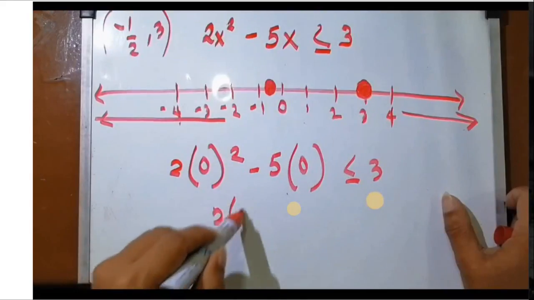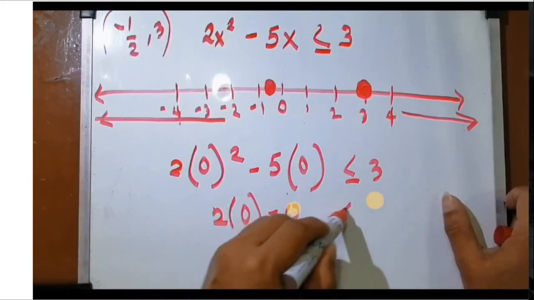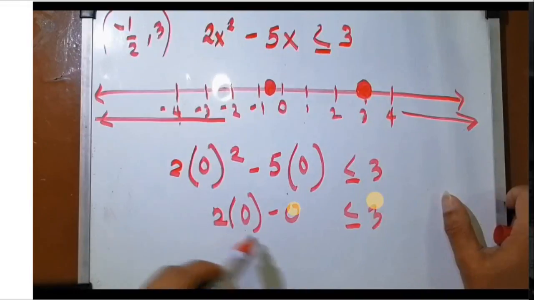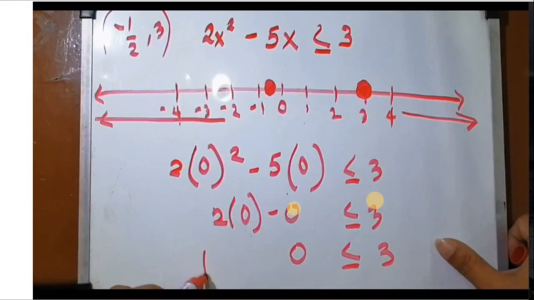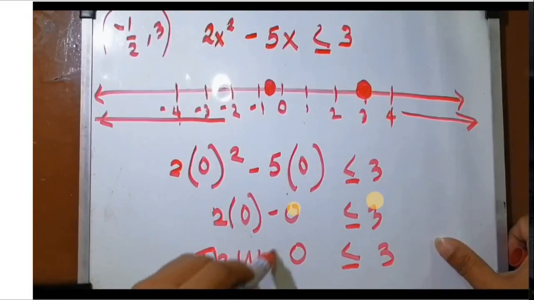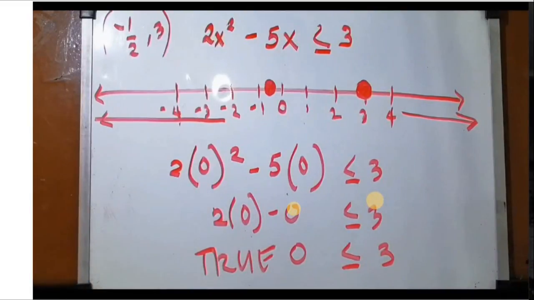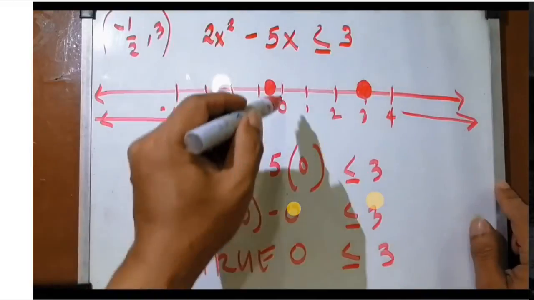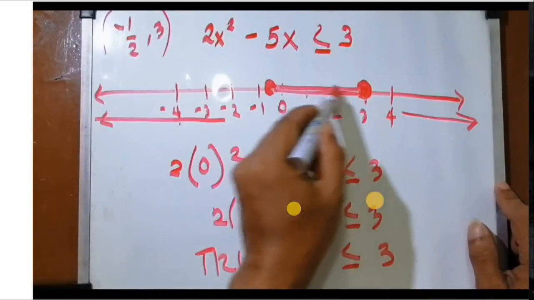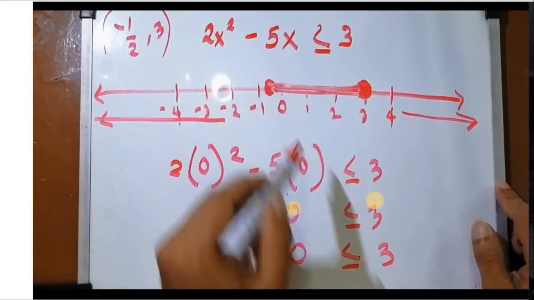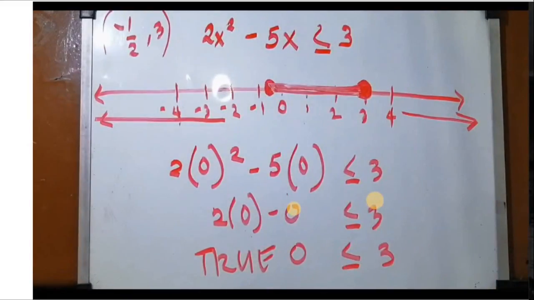So, this is 2 times 0 minus 0 is less than or equal to 3. So, this is 0 is less than or equal to 3. So, ito ay true. Ibig sabihin, yung ating mga solution ay nakapaloob dito sa region na to. Okay? Diyan makikita yung ating mga solution.